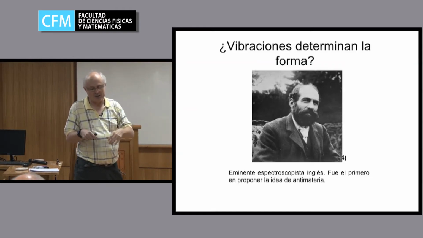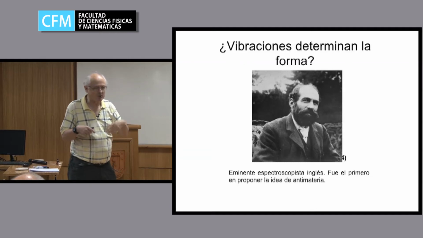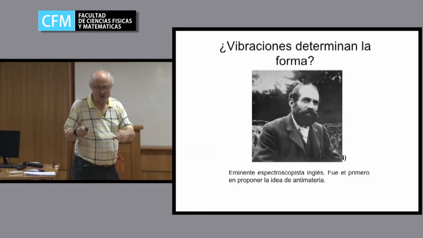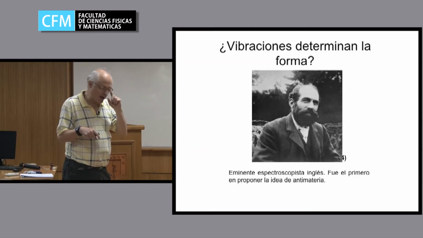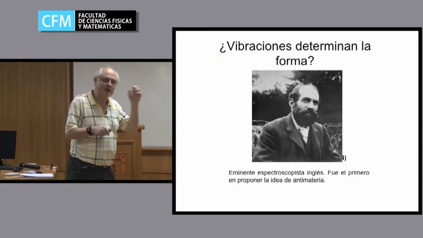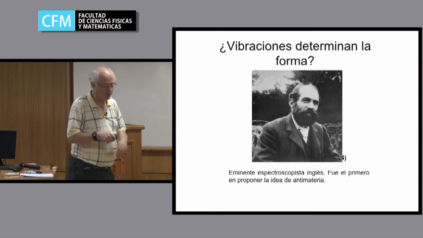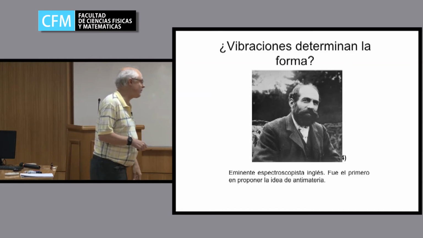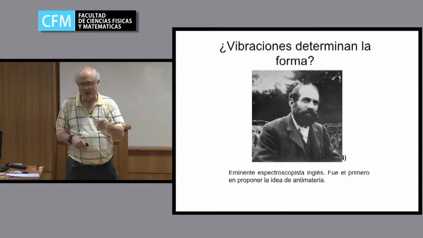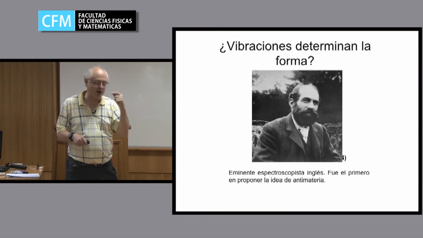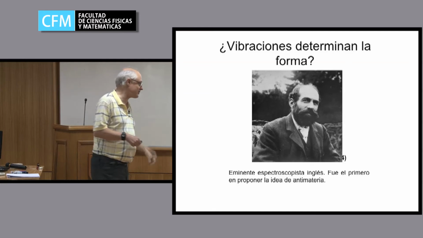So people realized that an atom of sulfur or an atom of oxygen or whatever had certain characteristic frequencies that it could produce, and that if you studied the spectrum, you could distinguish sulfur from oxygen or whatever. In fact, people discovered some elements by studying the spectrum of the sun. They discovered elements that were not known on Earth from studying the spectrum of the sun.